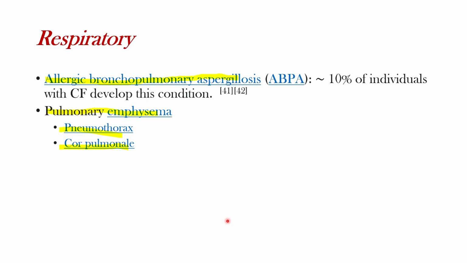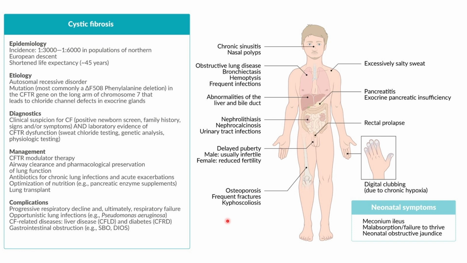Respiratory, these are the complications. We can have allergic bronchopulmonary aspergillosis, which only about 10% of people get, or emphysema, pneumothorax. This is a complete revision for everything we mentioned. For example, osteoporosis, delayed puberty and infertility, nephrolithiasis in the kidney, abnormalities in the bile duct.